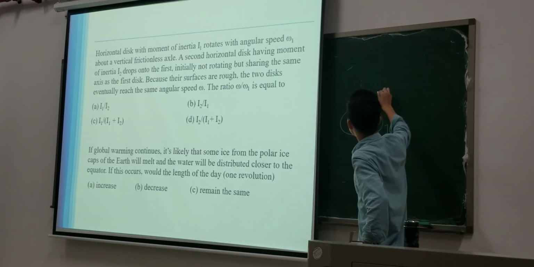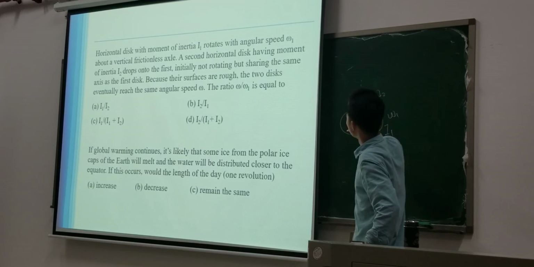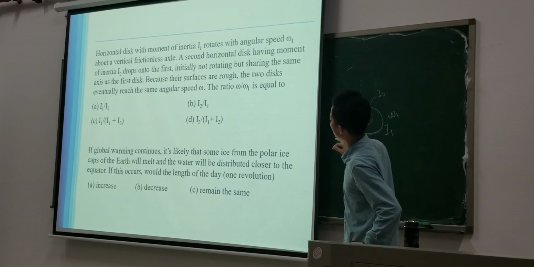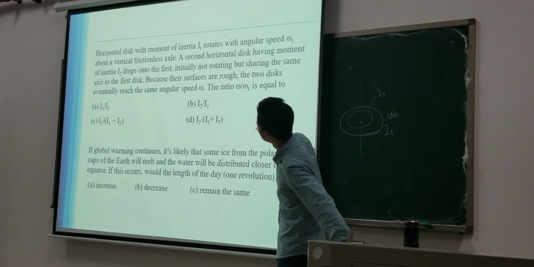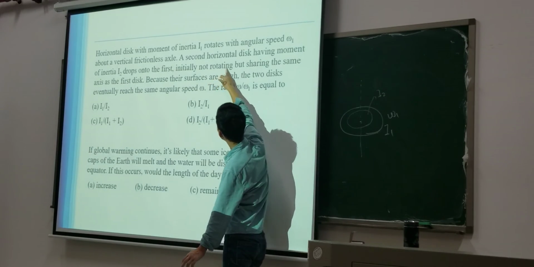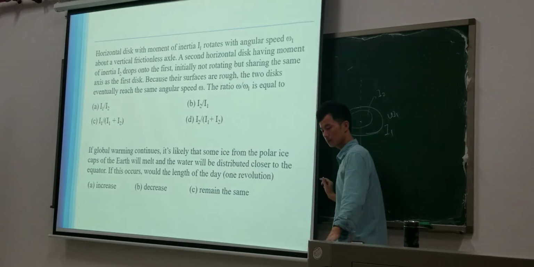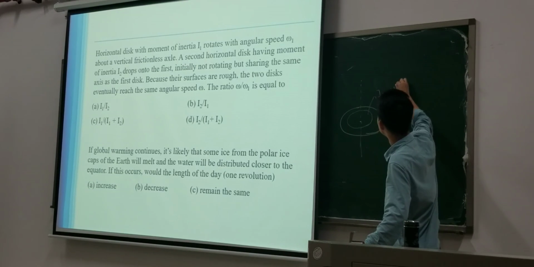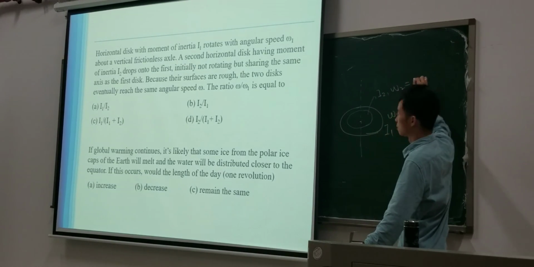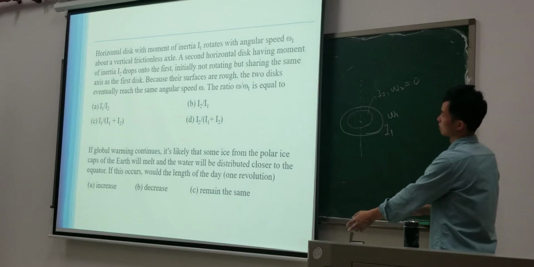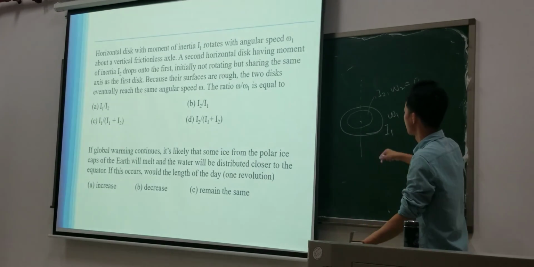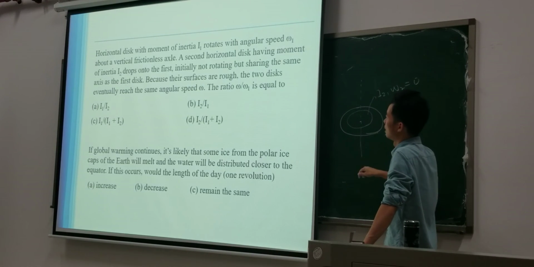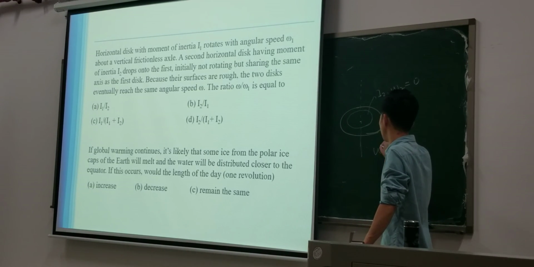The moment of inertia is I2, and it initially has no rotation, so the omega 2 is 0. Finally, these two disks will share the same angular speed, and the angular speed is omega.